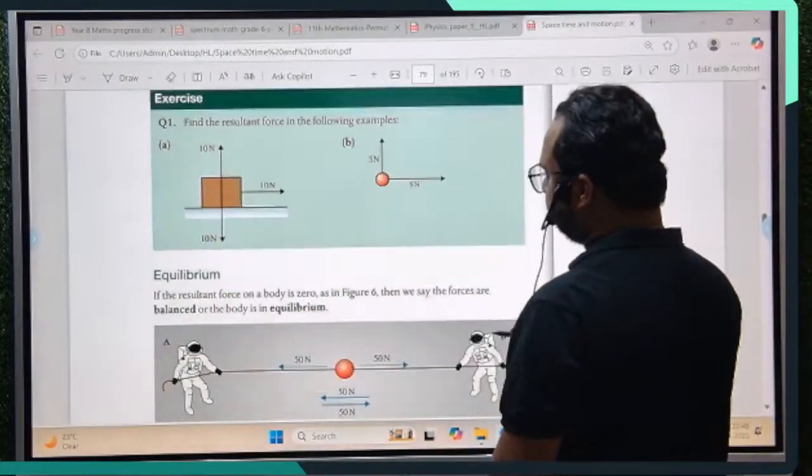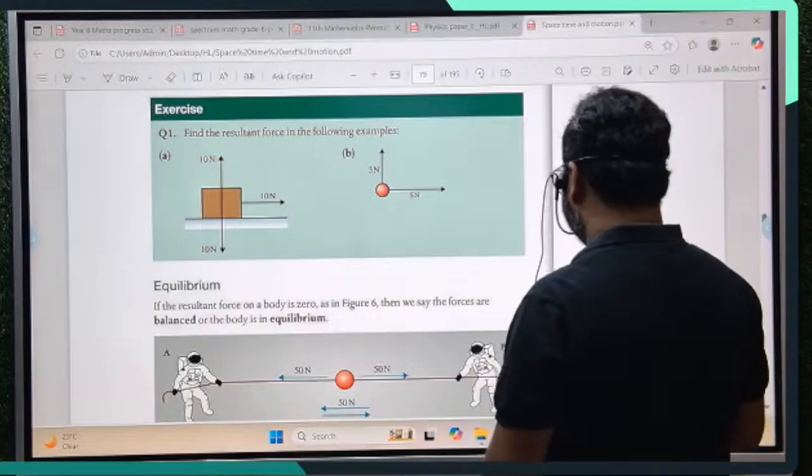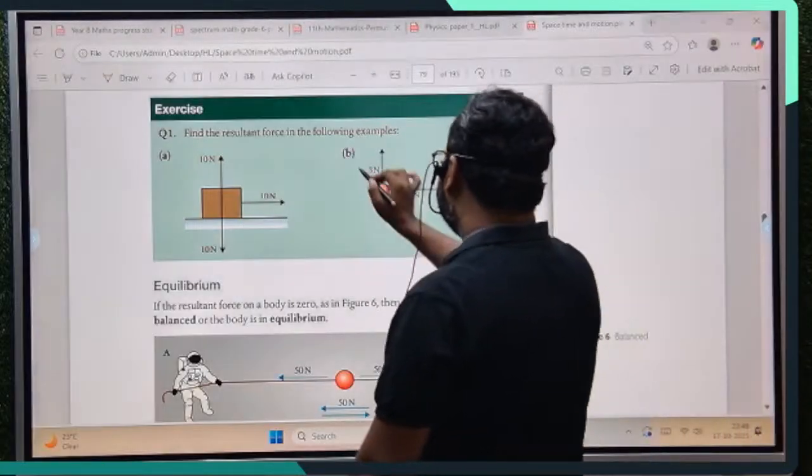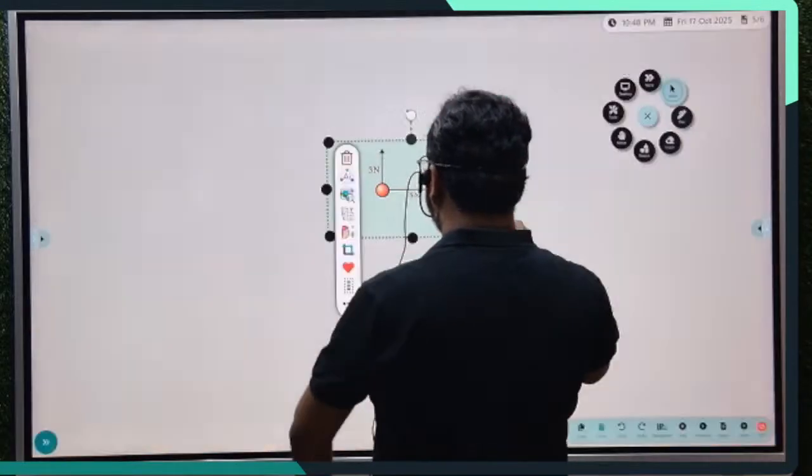Next one. Do this one. Find the resultant force.